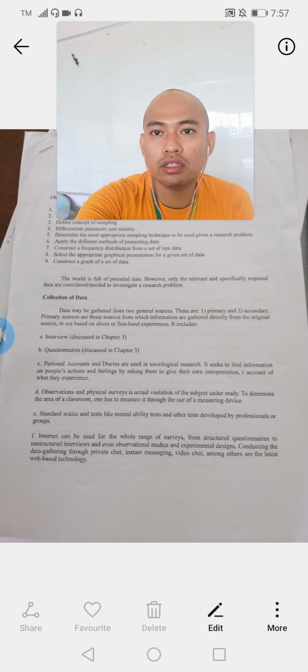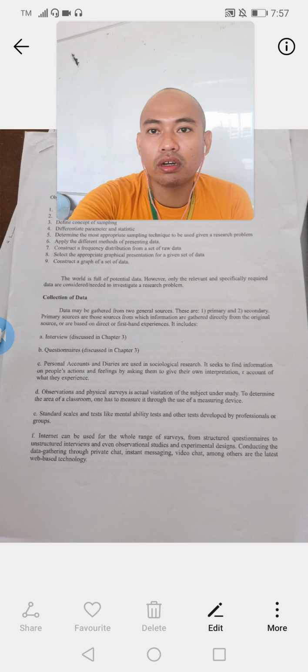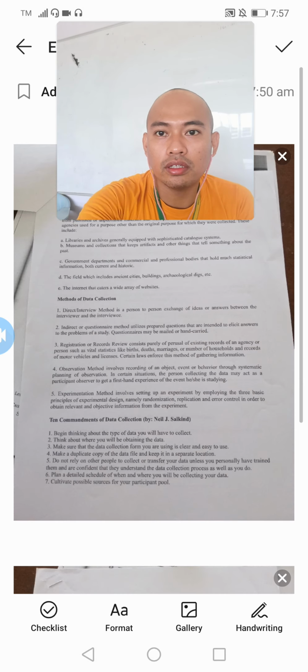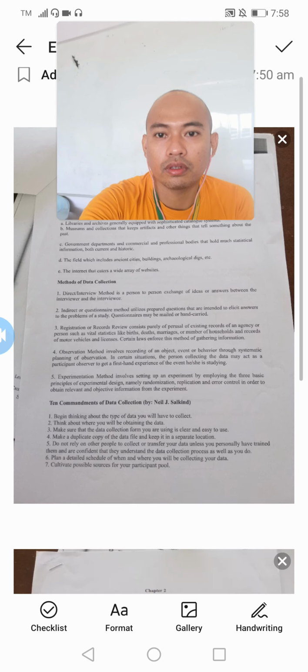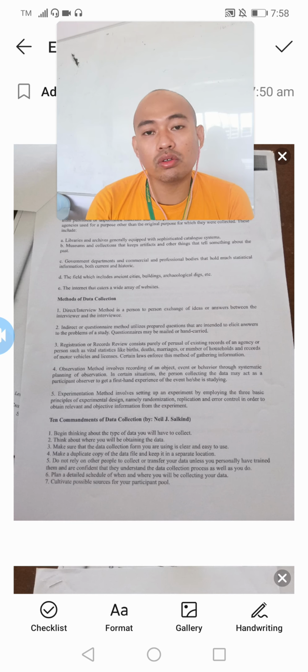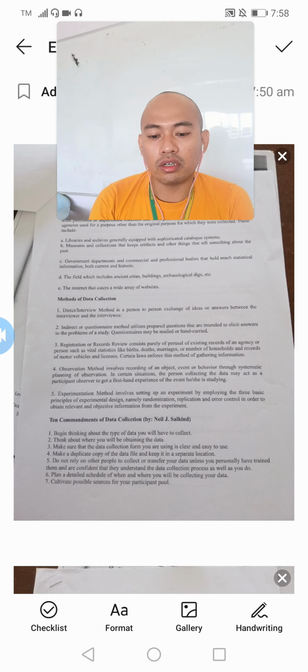So when we say secondary source of data, these are libraries. These are libraries or archives generally equipped with a sophisticated catalog system.